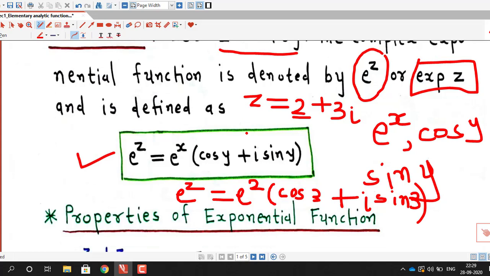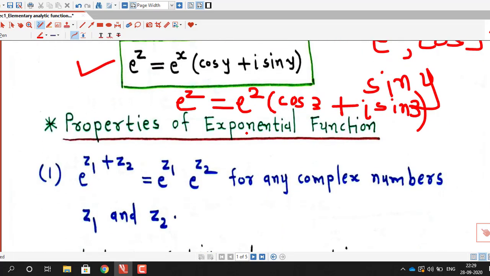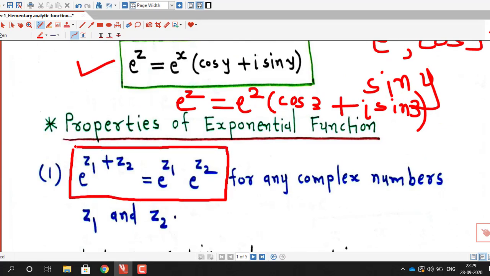Now we study some properties of the complex exponential function. This property is true for the real exponential function. We are already familiar with this property in real analysis, and here we are going to prove it for the complex exponential function.